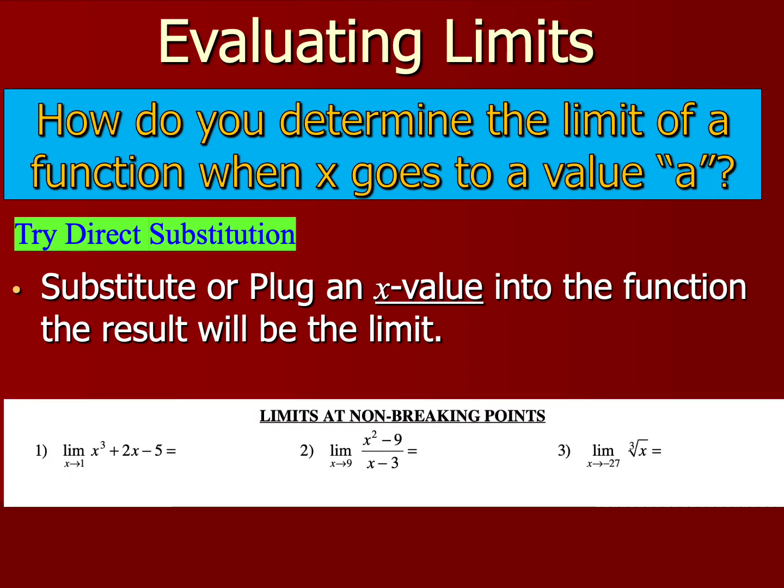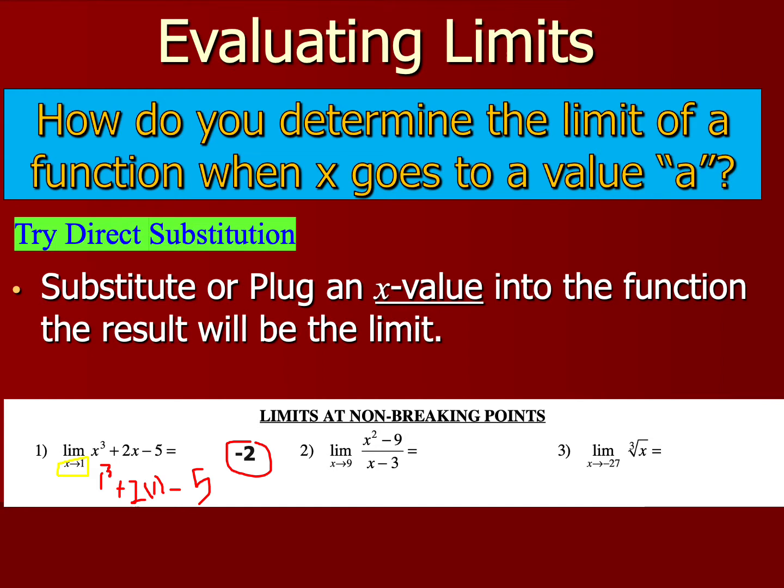Look at these examples. If I want to find the limit when x goes to 1, I need only to replace x with 1. So it will be 1 to the power 3 plus 2 multiplied by 1 minus 5. Directly I get the result, which is -2. That means the limit exists and equals -2.